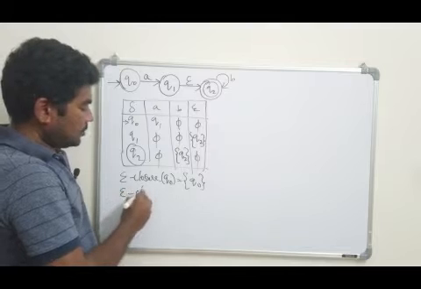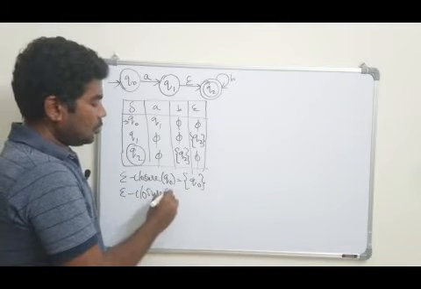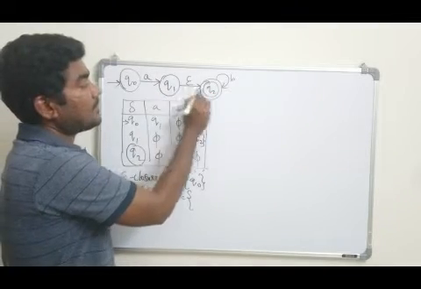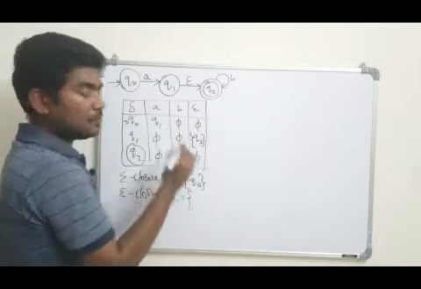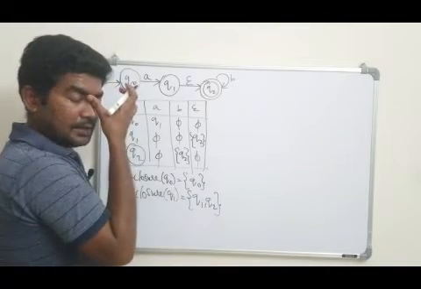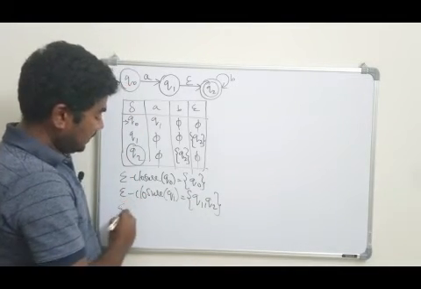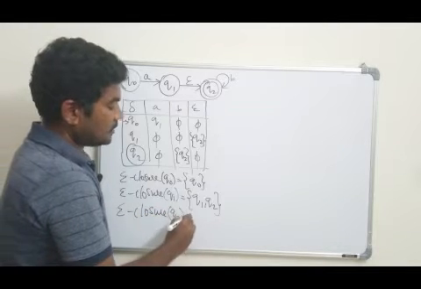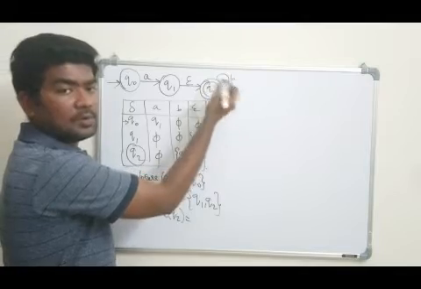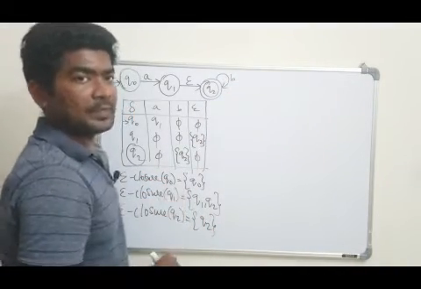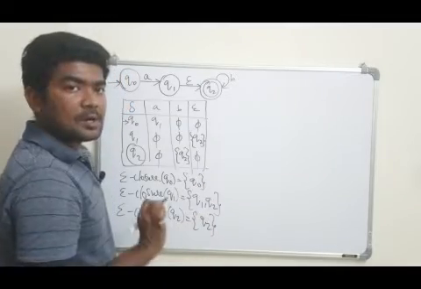Then epsilon closure of q1. So q1 has an epsilon transition, it is traversing to the path till q2. So q1 comma q2. Next we will have epsilon closure of q2. You will have no epsilon transition itself, so we will take a self transition, q2. So this is the epsilon closure.